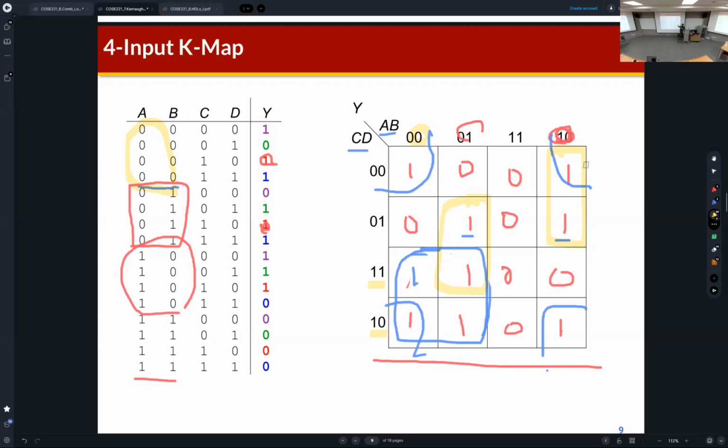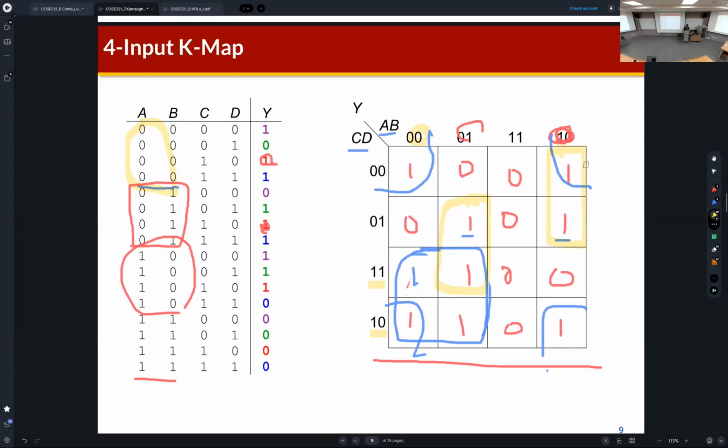But we need to group ones using as large a circle as possible. So it's the largest circle, which means that this one should be included using also this one. Okay, then we need to generate the large group. So this one and this one need to be included in a group using also this one. Okay. And then all ones are included in some group, right?